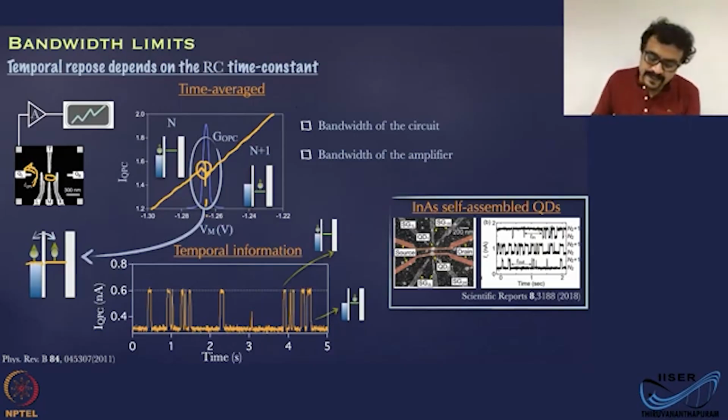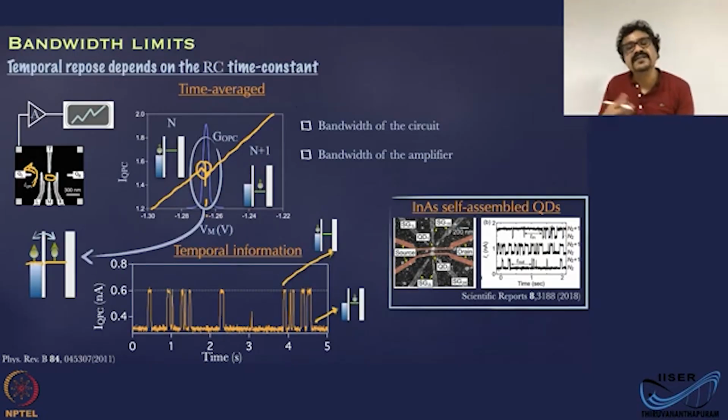And the duration of the low current or high current state tells you the occupation probability of the dot, how long the electron stayed outside, and what the tunnel rate is, how many tunneling events are happening per second or per unit time.